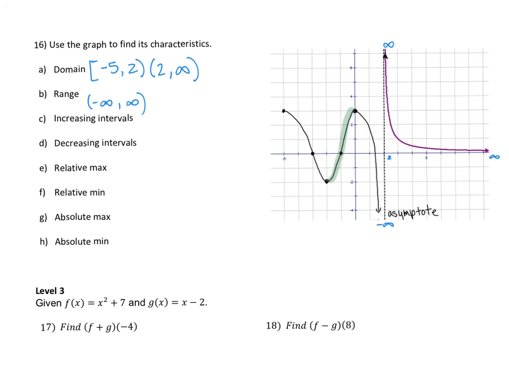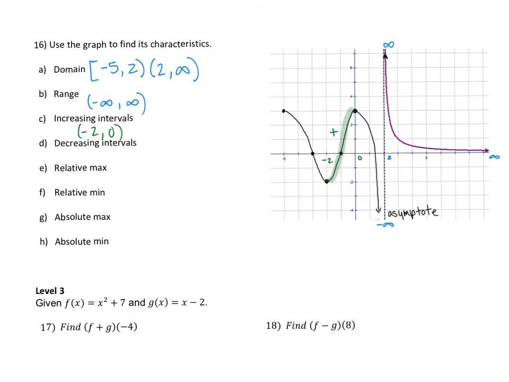So I only have one increasing piece, and it's right here. When you do intervals, you want to write x values. It goes from where it starts, which is at -2, to the peak, and that's 0. So from -2 to 0, it is increasing.